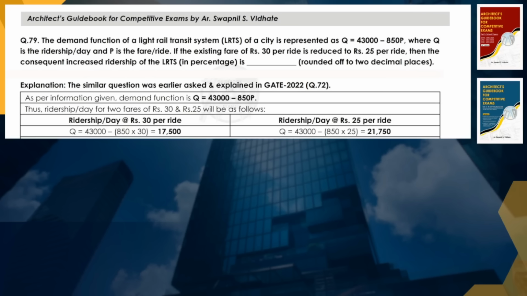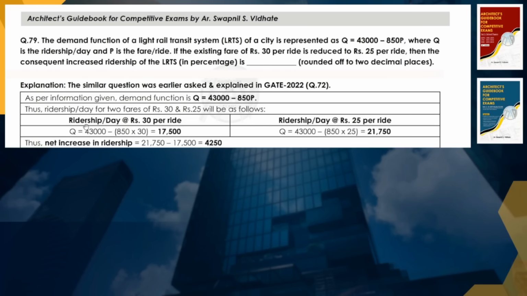So the ridership per day, based on the rate of rupees 30 per ride, you just need to put the value of P as rupees 30 in the first part, and then the value of P has changed to rupees 25. So just find out the total ridership per day based on this fare.